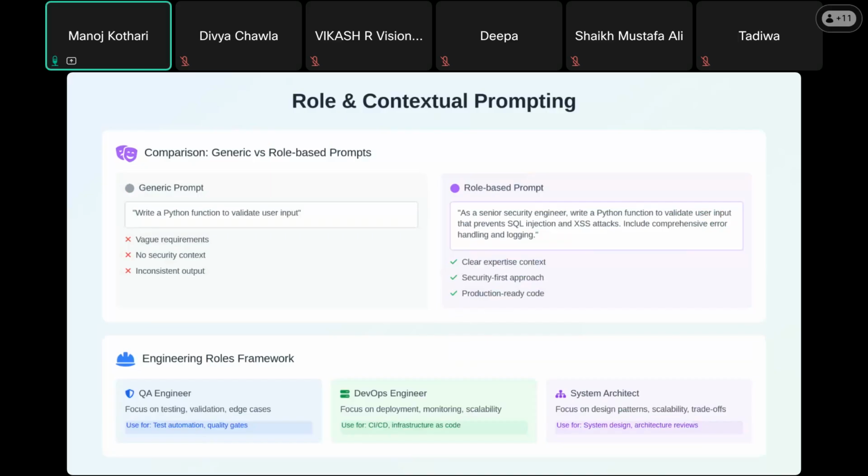So when I need something for a 10-year-old, I should say, you are a math tutor. Please explain this algebra equation to a 10-year-old. Make it simple and engaging.